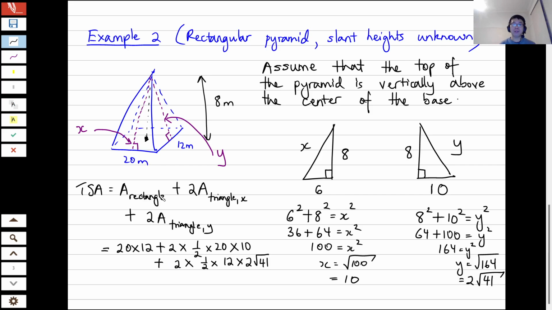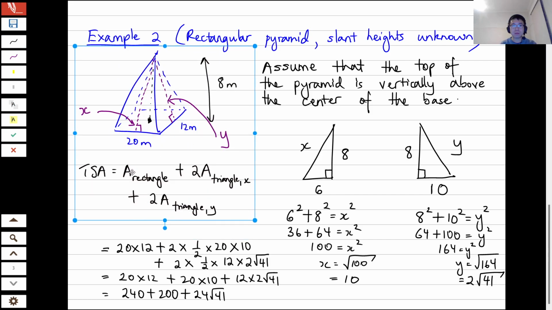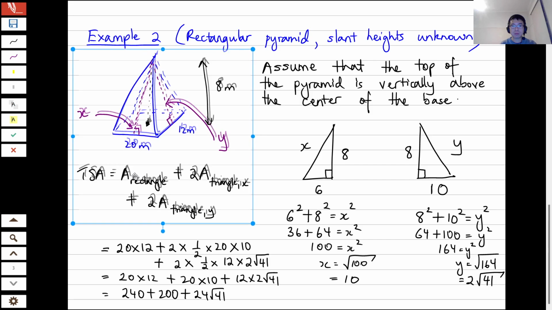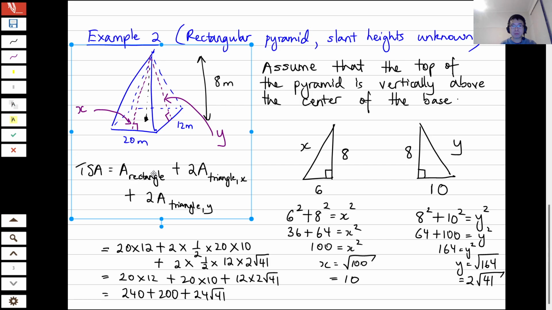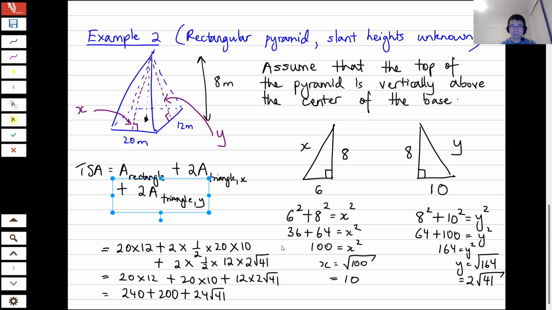The 2's and the halves cancel. So this leaves me with 20 times 12 plus 20 times 10 plus 12 times 2 root 41. So that gives me 240 plus 200 plus 24 root 41. I'll just create a little bit more space here.